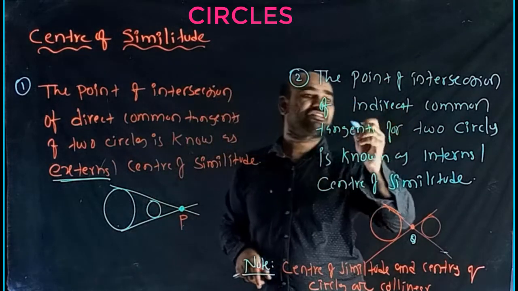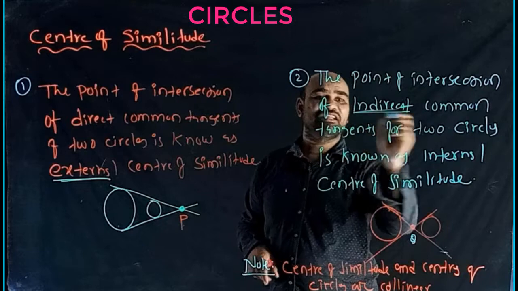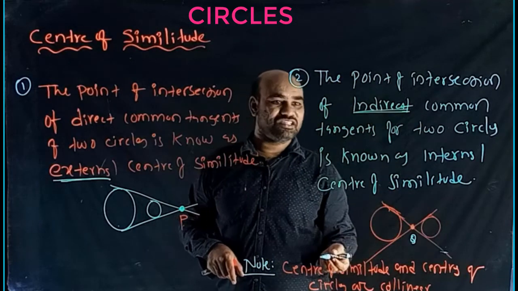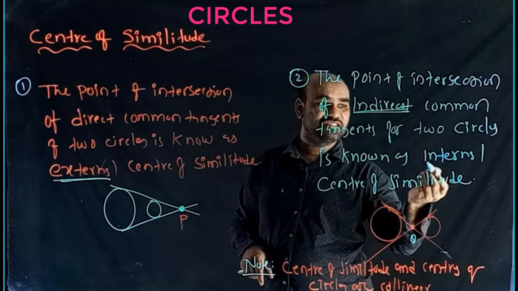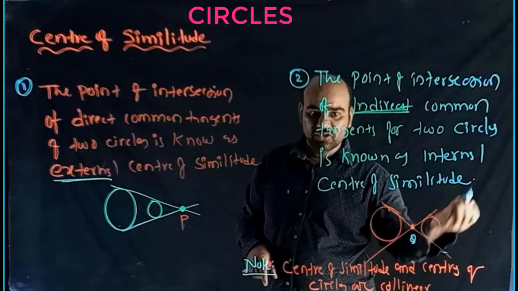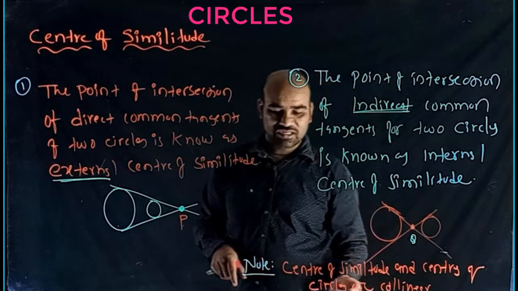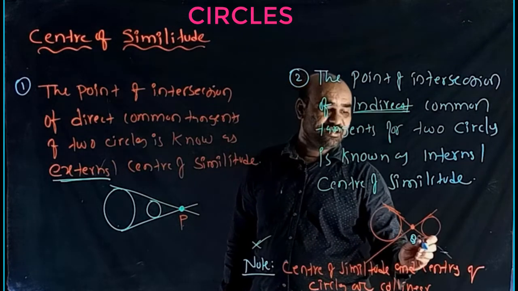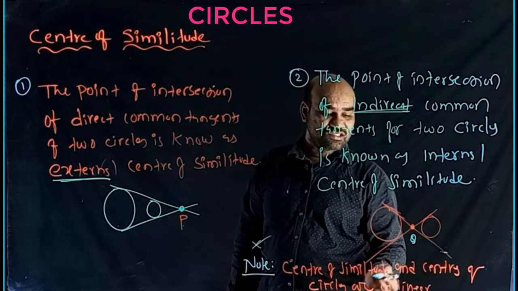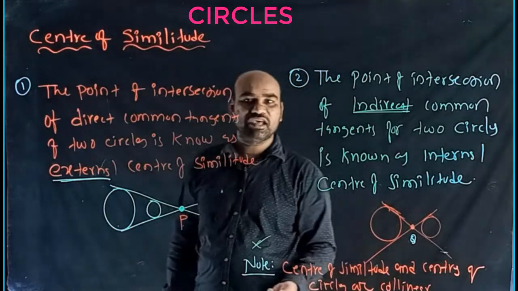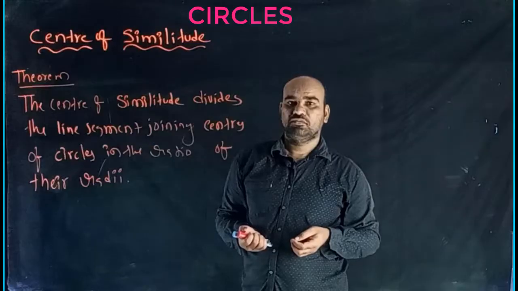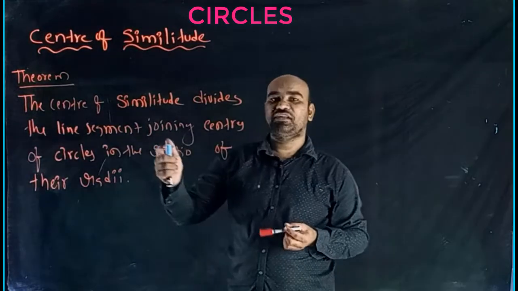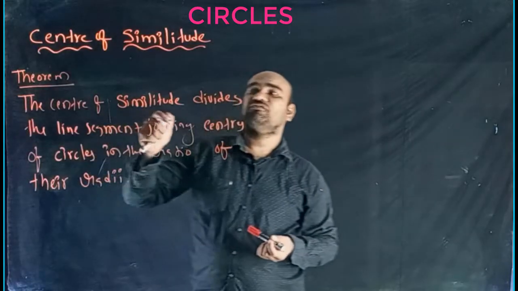The point of intersection of indirect or transversal common tangents of two circles is known as internal center of similitude. This is the rough sketch for that. One important note: the center of similitude and the centers of the circles are always collinear, means they lie on the same straight line.